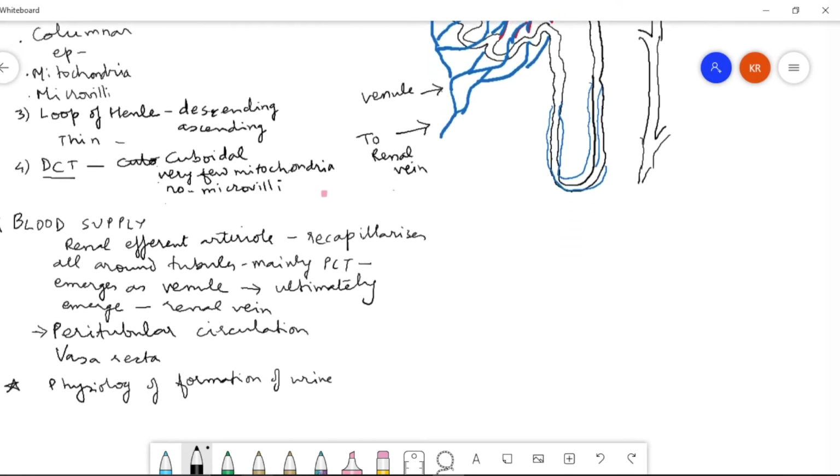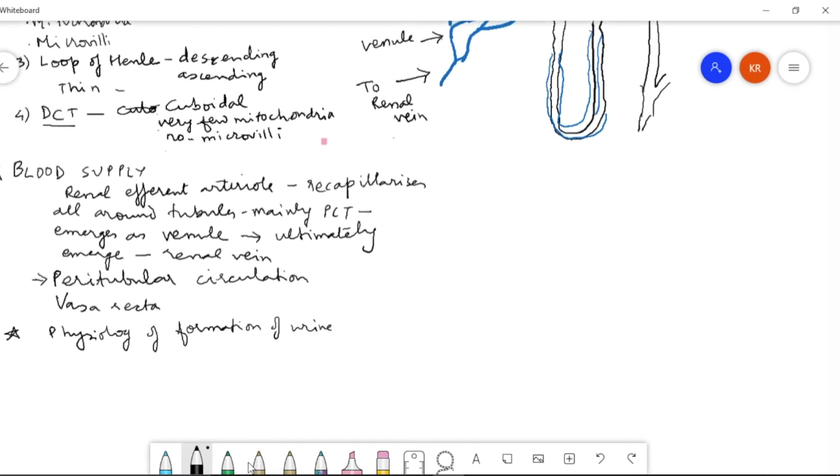But when we say blood is forced down, it doesn't mean entire blood. It only means blood but without cells and without proteins. So this is working under high pressure. So the first step is called ultrafiltration. Why does it happen? Because the forward pressure is greater than the back pressure.